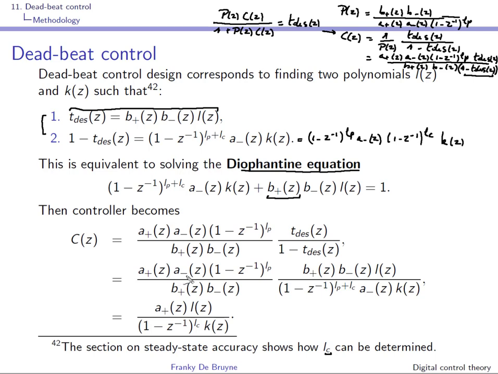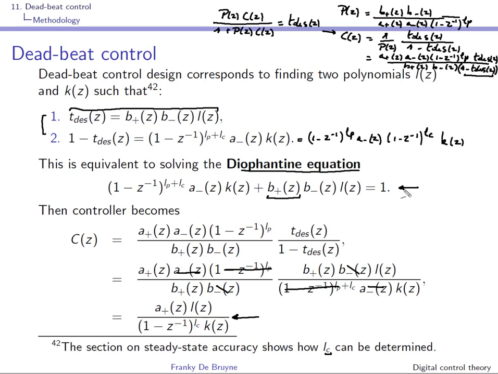If you plug everything in, T desired and 1 minus T desired, and you do all the simplifications, this one over here, the A minus, right? You end up with this controller, and this is the deadbeat controller where L and K are the solution of this Diophantine equation.